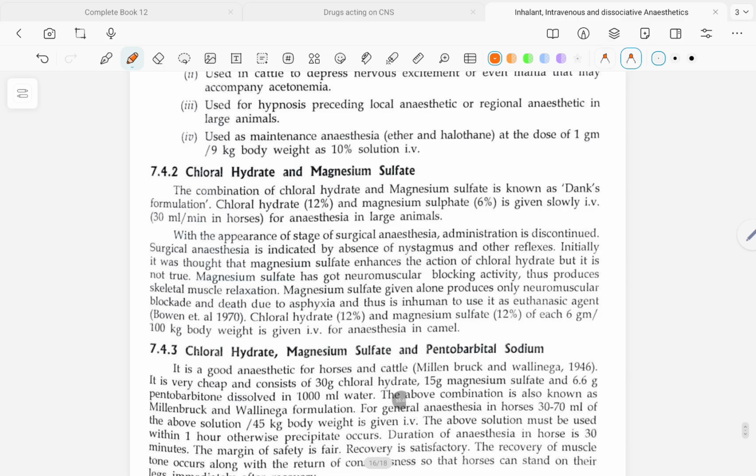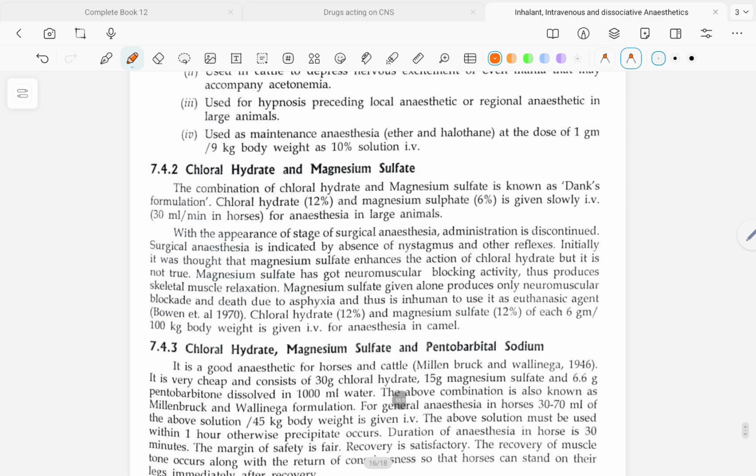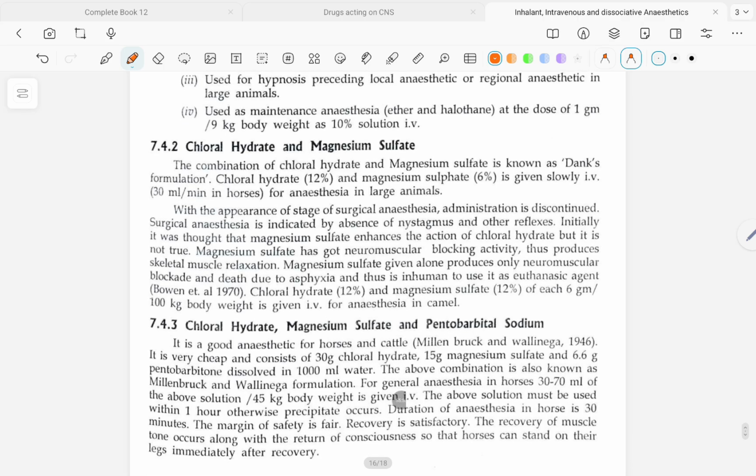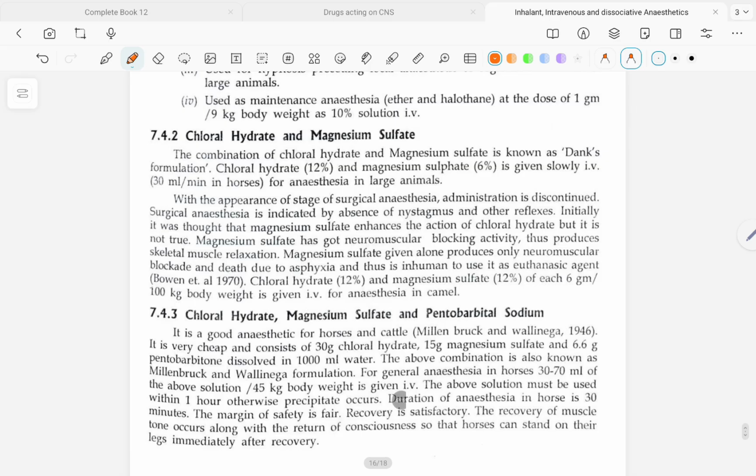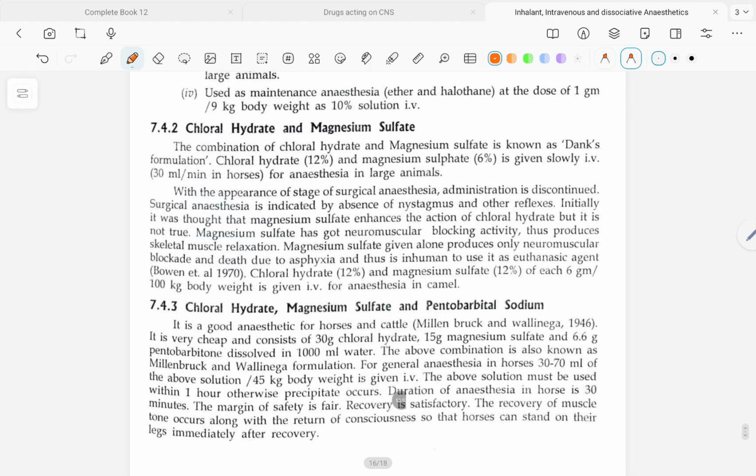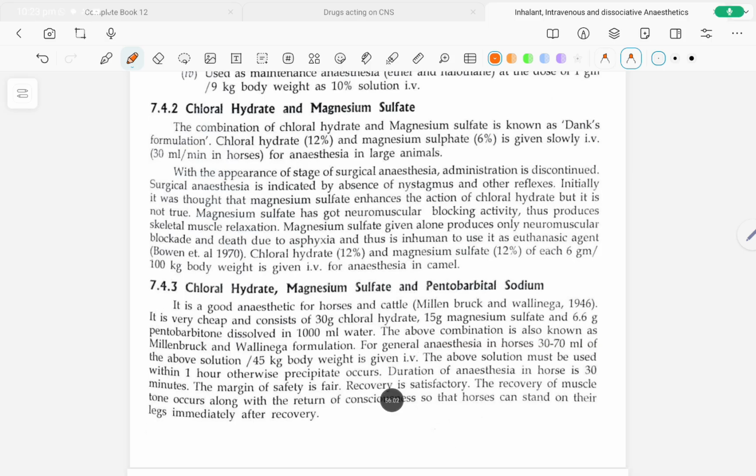Chloral hydrate and magnesium sulfate. The combination of chloral hydrate and magnesium sulfate is known as Dank's formulation. Chloral hydrate 12% and magnesium sulfate 6% is given slowly IV, 30 ml per minute, in horses for anesthesia in large animals.